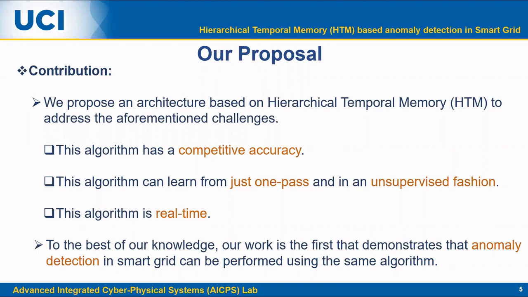It can learn in a one-pass fashion in an unsupervised way, and it is also a real-time algorithm. As far as I know, our work is the first to demonstrate that anomaly detection in smart grid can be performed using HTM in a real-time unsupervised fashion.